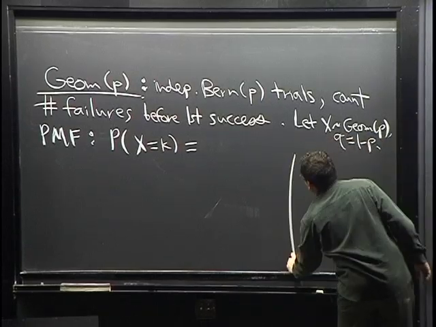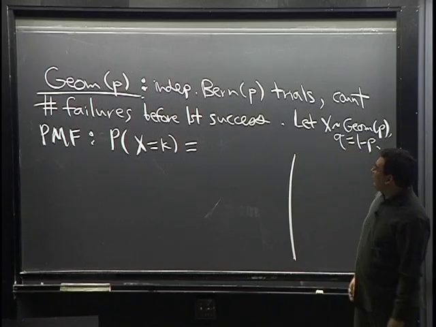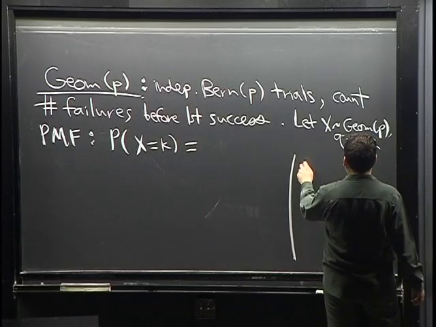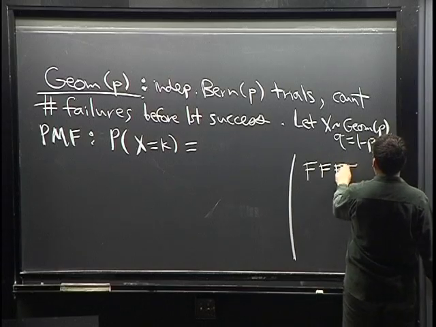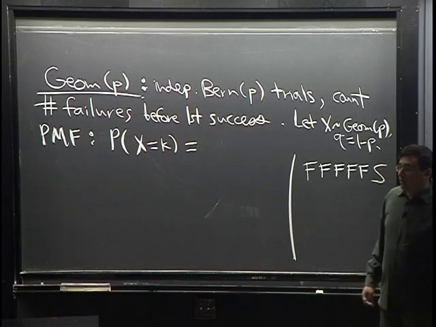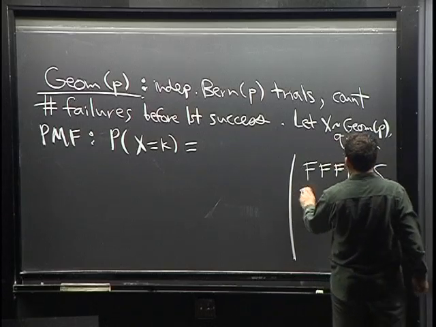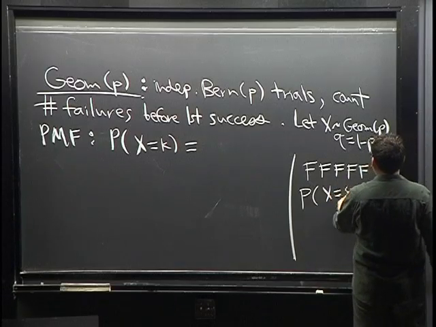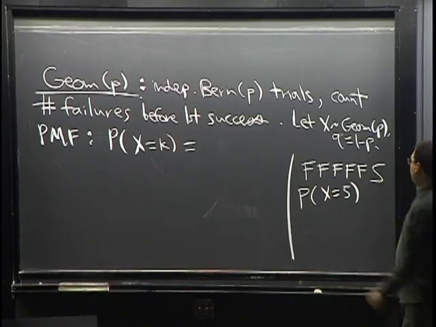And just to draw a little illustrative picture, here's how it goes. Suppose we write F for failure and S for success. So maybe we got 5 failures and then a success, okay? The probability of that happening, so in this case we would say X equals 5, right? Because I'm counting the number of failures until the first success.